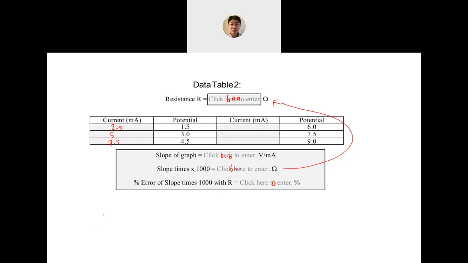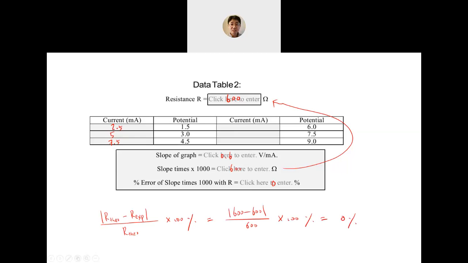Error is, as I said, the theoretical value minus the experimental value, over the theoretical value, times 100%. In this case, the theoretical value is 600. So 600 minus 600, times 100%. That is error 0%. Must be 0%.